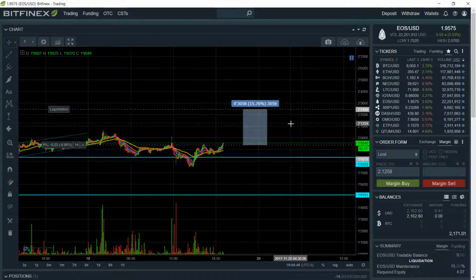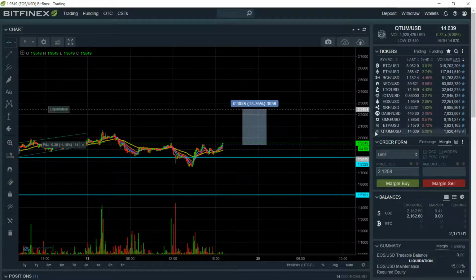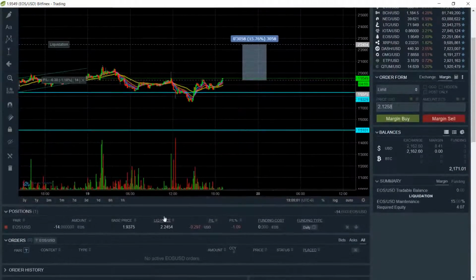And if you keep doing that and it hits your liquidation line, boom, guys, you are going to lose all of your money instantly like that. Well, 66% of it. And all it has to do is just move 15%, guys. That is it. 15% and you are done, okay? That is what the liquidation price is, okay?